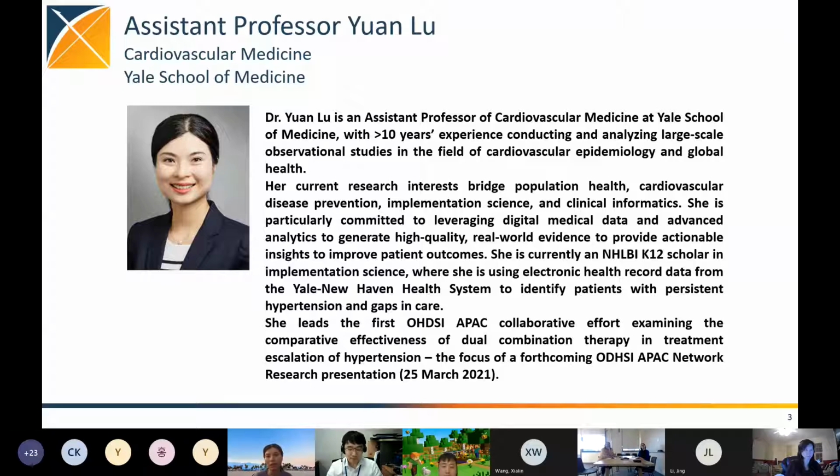And I think this is particularly relevant in this region, as it accounts for nearly half of the cardiovascular disease in the world, and is also home to nearly half of the population with hypertension in the world. So thank you for having me here to present the results of our study.